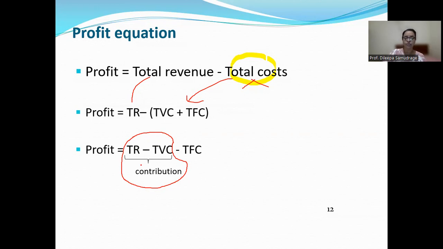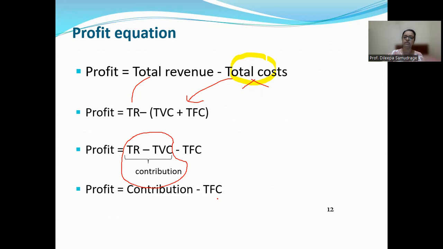So you have to calculate contribution. Therefore, you can write profit like this: contribution minus TFC. Profit in CVP analysis is not total revenue minus total cost. In CVP analysis, profit means from the contribution you deduct your total fixed cost.